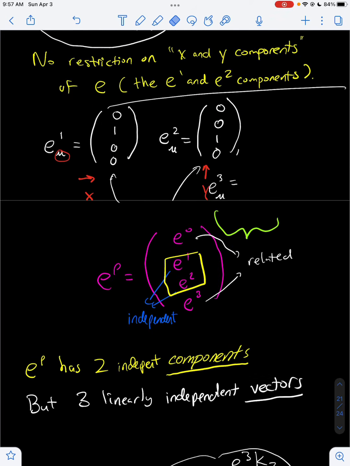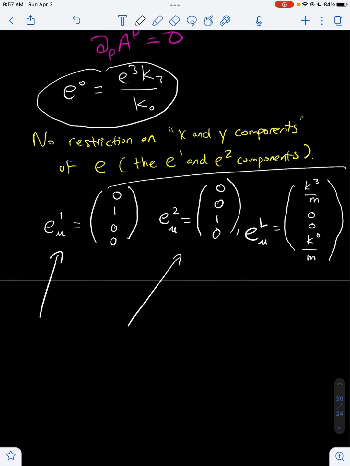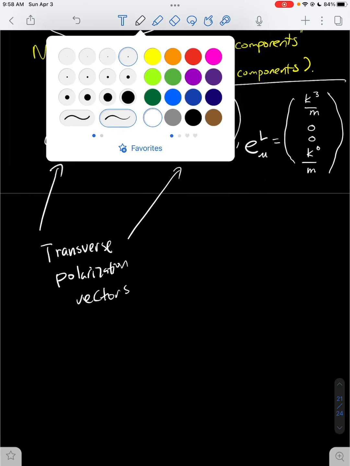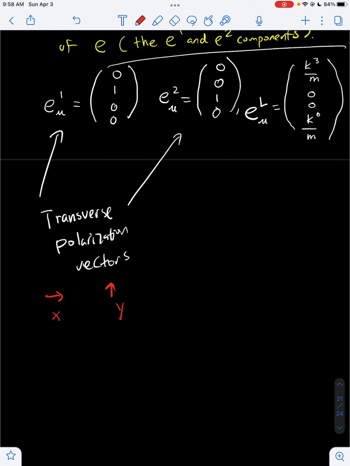So some terminology here. The E1 and the E2 polarization vectors, these are called, I think, transverse polarization vectors. And you guys can probably tell why. The reason is that they point in the x and the y direction respectively. So that's like translating, you know.